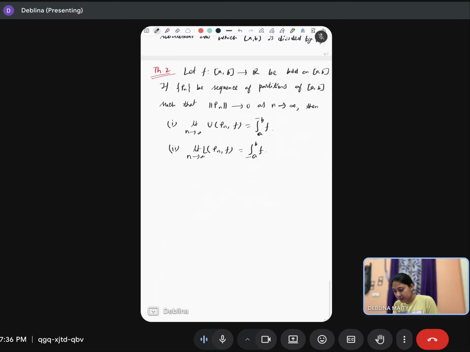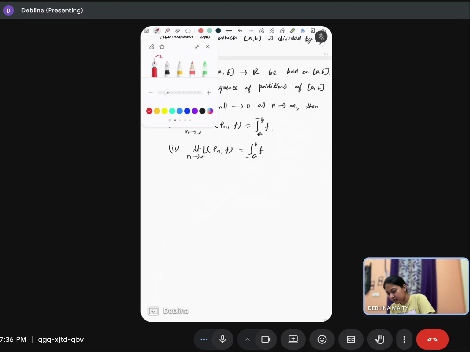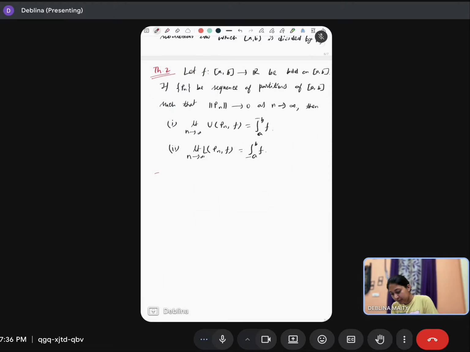Okay, now I'll use this in an example. So let f be a function defined by f(x) equals x when x is rational and 0 otherwise. Okay.